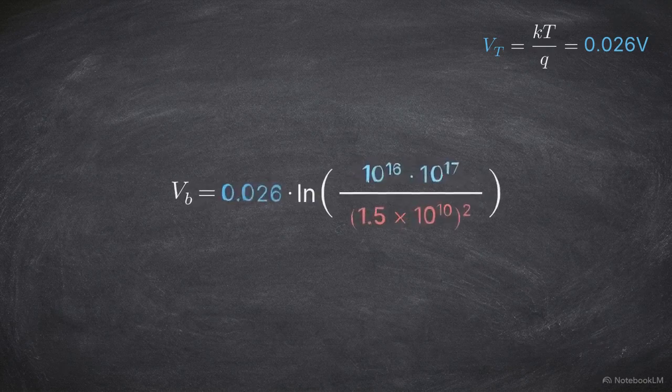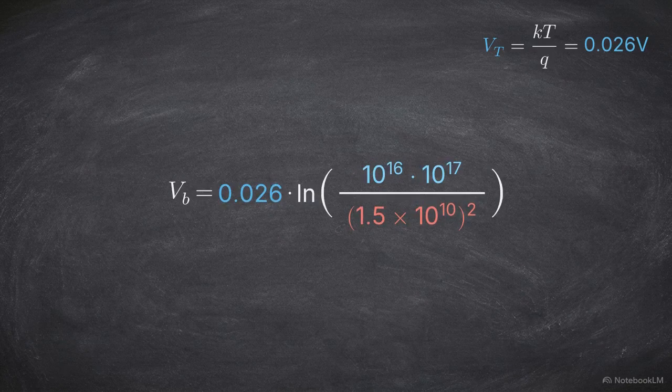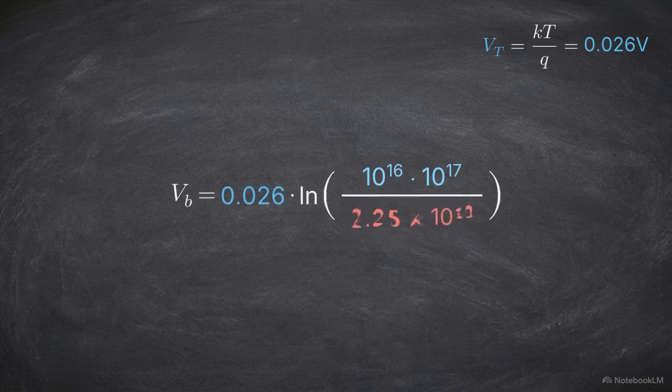When we plug our specific problem numbers into the equation, the relationship between the doping concentrations and the intrinsic carrier levels becomes clear. To square the intrinsic carrier concentration in the denominator, use parentheses around the entire scientific notation value. 1.5 times 10^10 squared results in 2.25 times 10^20.